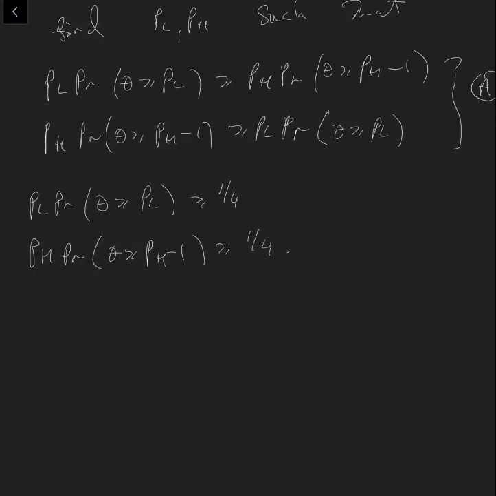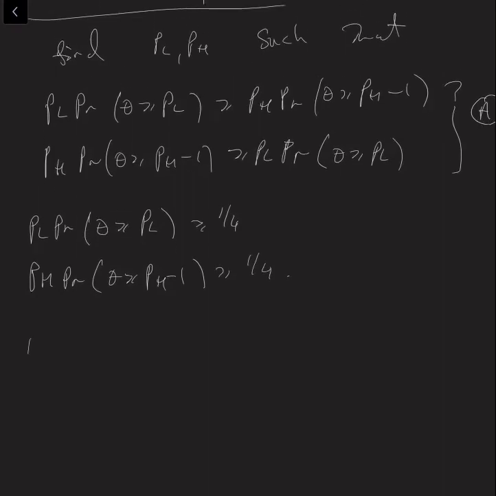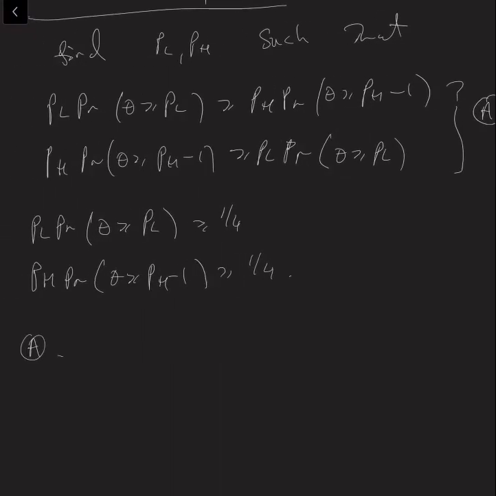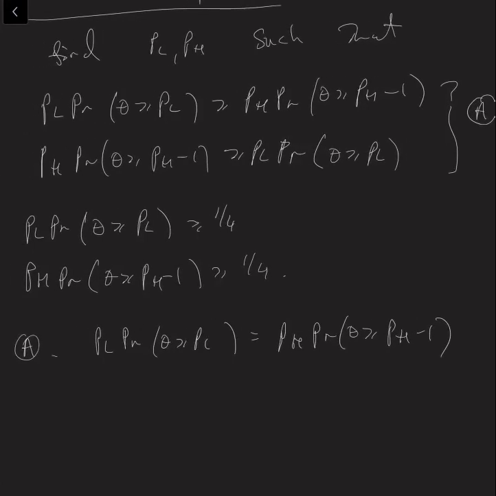Okay. So now if we look carefully at A, we'll find that the only way in which this condition is met is if these two expressions are equal to each other.